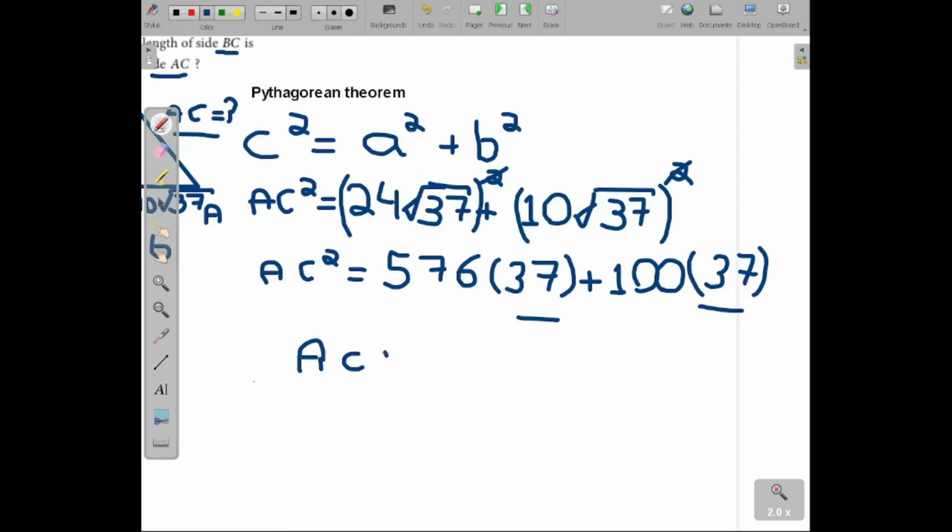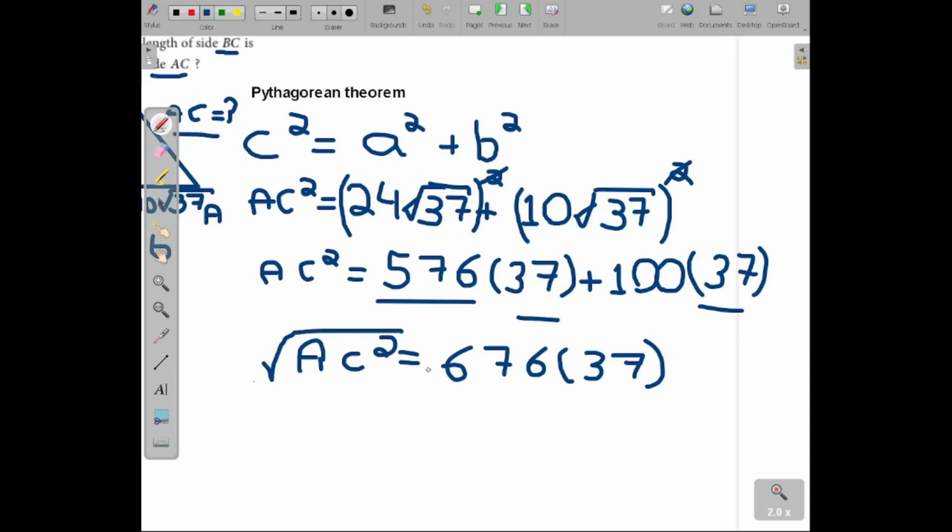AC squared is equal to, we add 576 plus 100 is equal to 676 times 37. Now we can apply the square root to both terms of the equation. We cancel out the square.